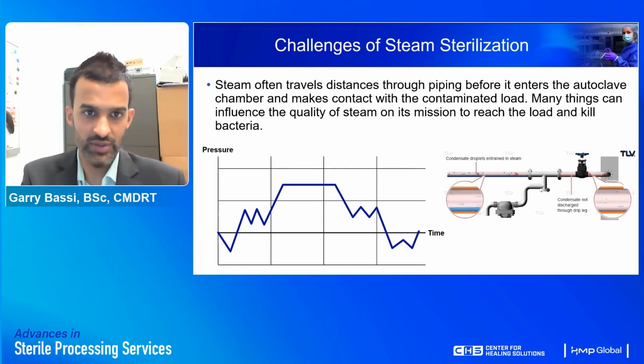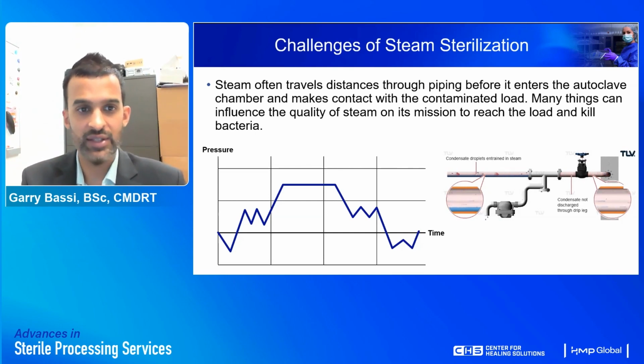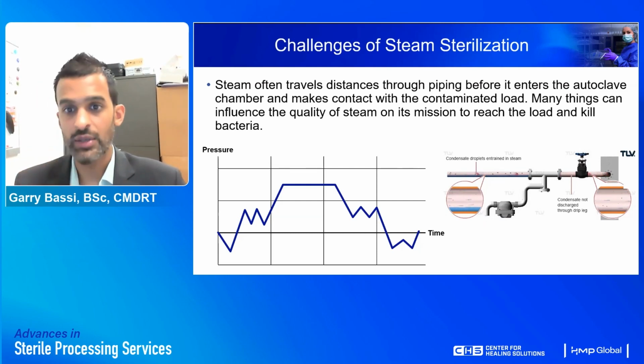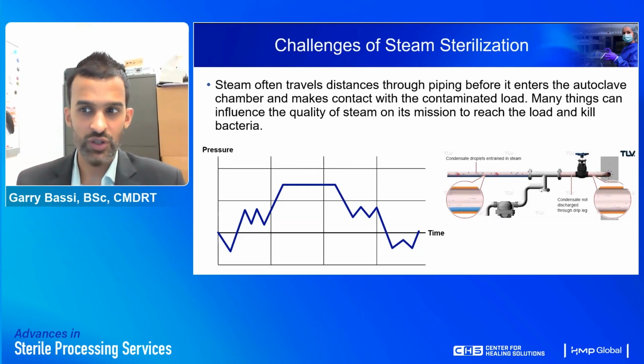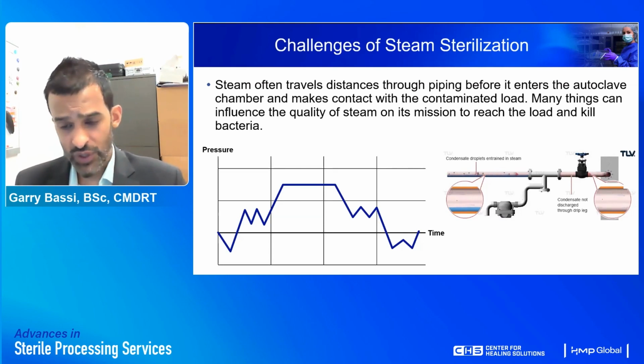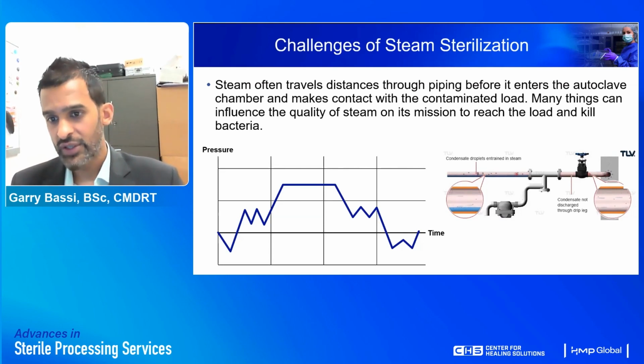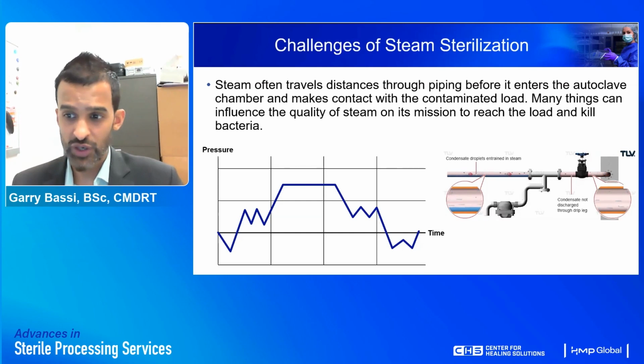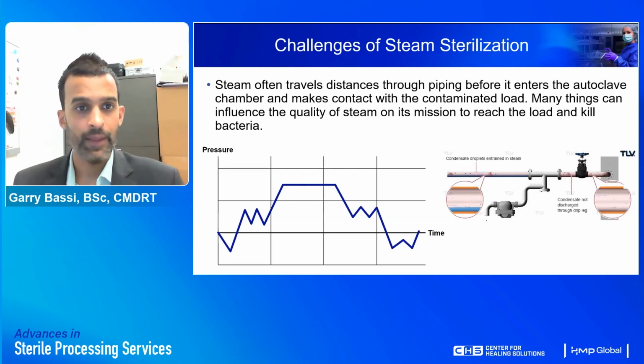Now, during this travel path, many things can influence the quality of steam on its mission to reach the load and kill the bacteria. As you can see on the diagram here, steam traveling through a pipe, there's condensate that is being discharged through the drip legs. And we're going to talk a little bit about what some of these challenges look like.